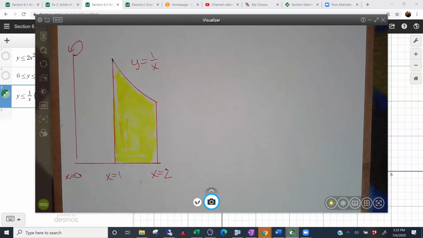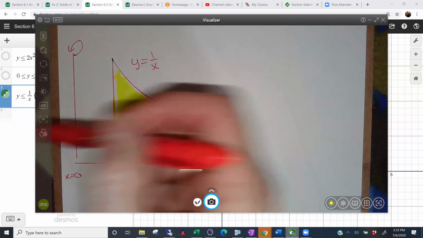Now I kind of hinted at something a little bit ago, and that is, you don't always want to do the disk or washer method. By the way, if I wanted to do a disk or washer method, what kind of a slice would I be taking? DY. Yeah, you'd be taking a dy slice.